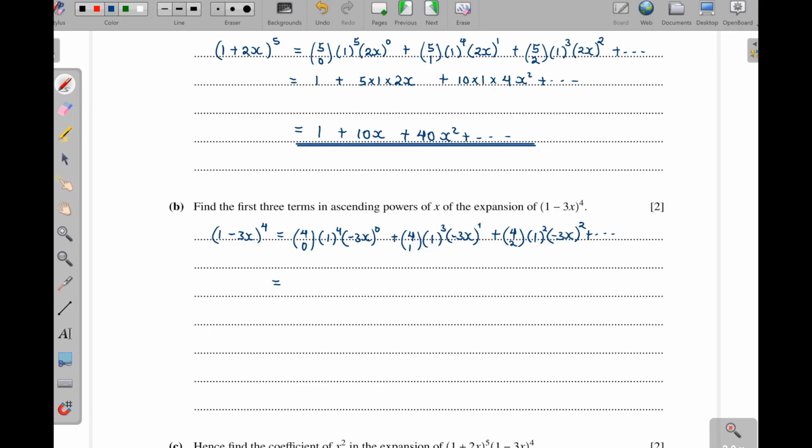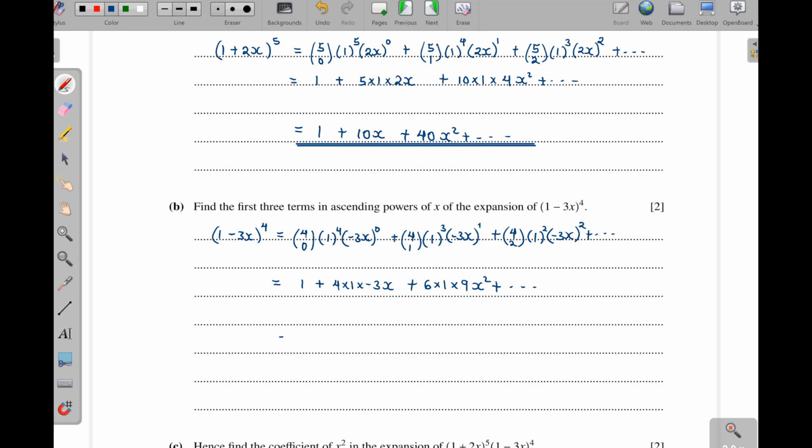We simplify. This one will give us a 1, then plus 4 combination 1 is a 4, of course, times 1, then times negative 3x, and then plus 4 combination 2, that is 4 times 3, that is 12 divided by 2, 6, then times 1, and then times negative 3 squared, that will be a 9, then x squared.